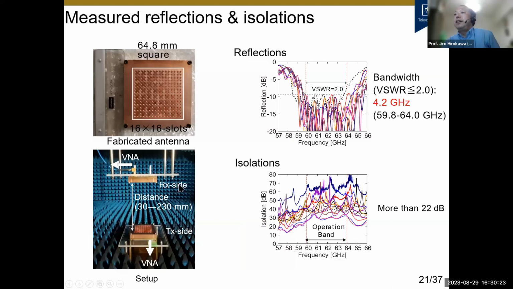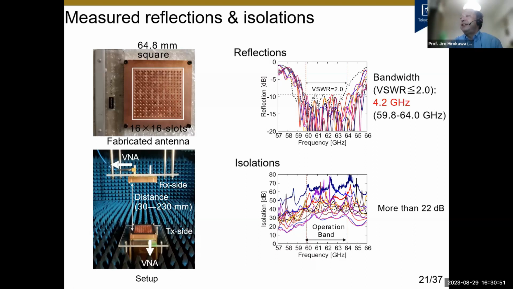And the left figure shows the picture on the top, and the left bottom figure shows the measurement setup. We control the distance between TX and RX antenna. The right top figure shows the frequency dependence of the reflections.